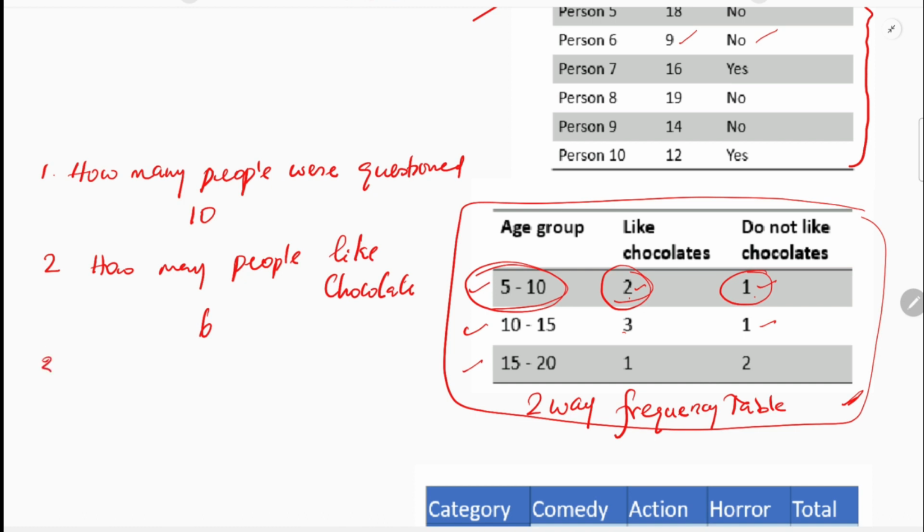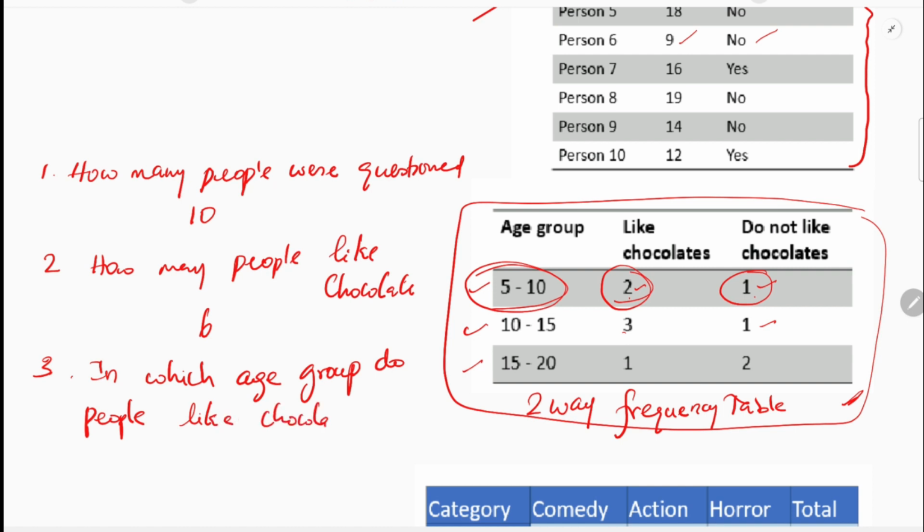And number 3, in which age group do people like chocolate the most? 10 to 15. So from this small table we can get more information, right?